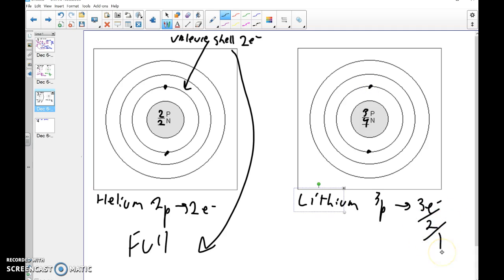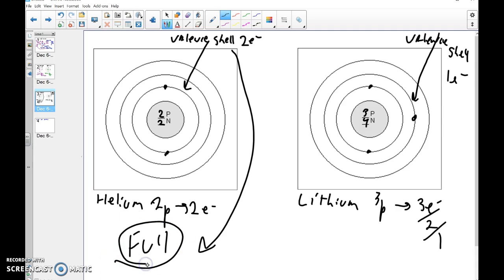That leaves me with 1, so I just put that in the next energy level. Now here, this is the valence shell. And the valence shell has 1 electron, which is going to give lithium unique properties. When the valence shell is full, that's also going to give an atom unique properties.